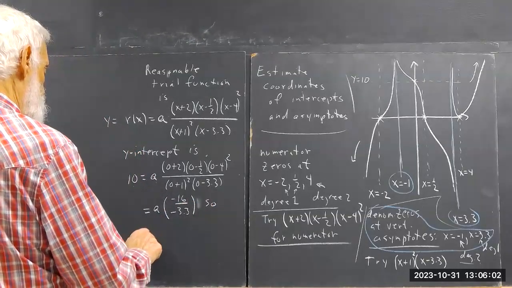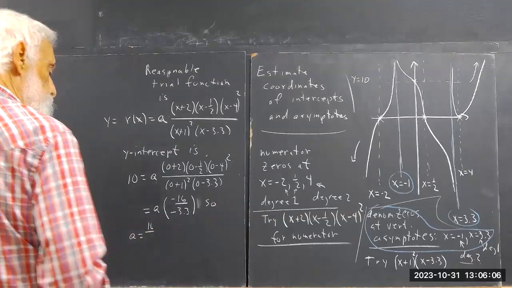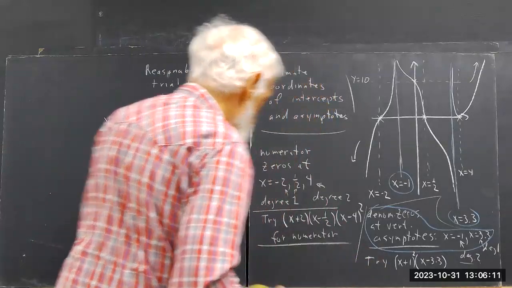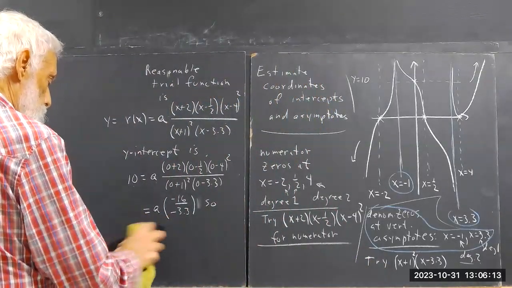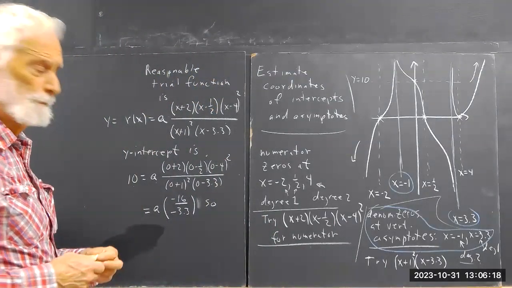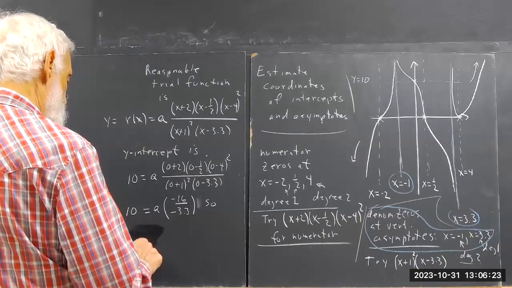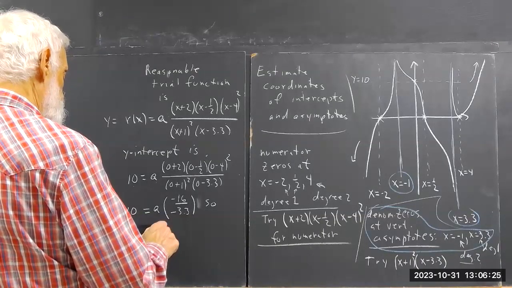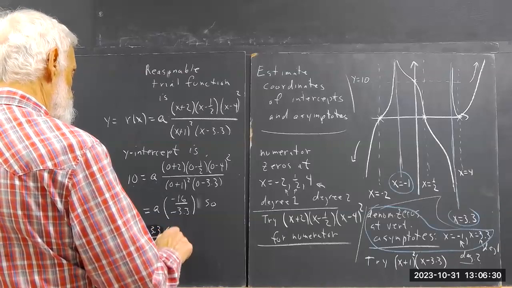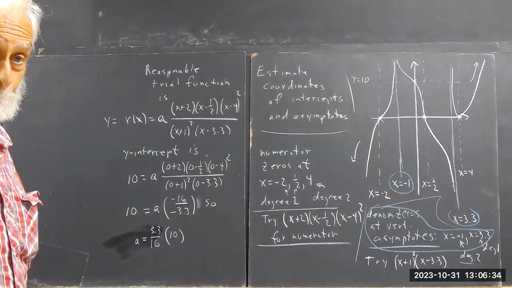So a equals... think, then write down the number. Don't write down the number that catches your eye. Think. Okay. So a is 3.3 over 16 times 10, right?